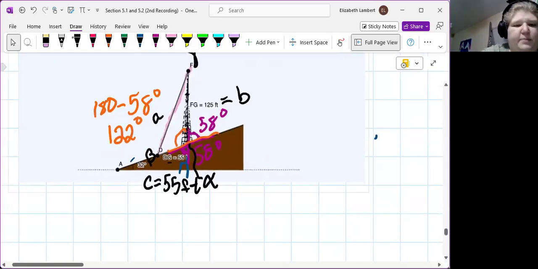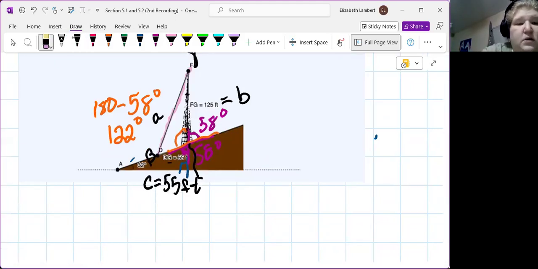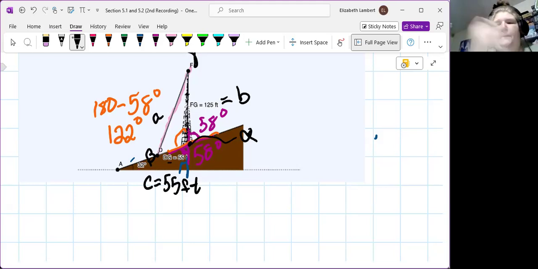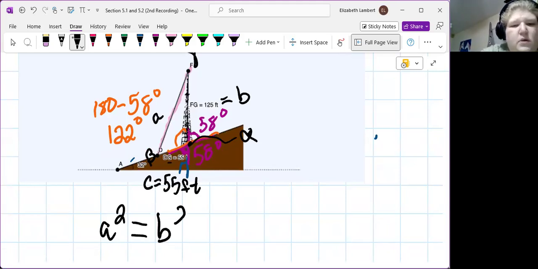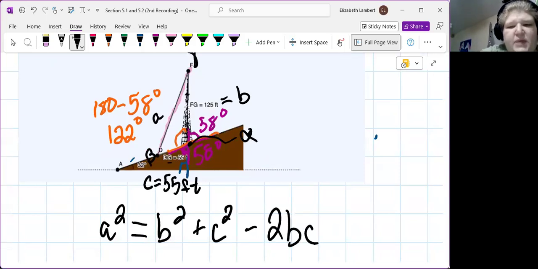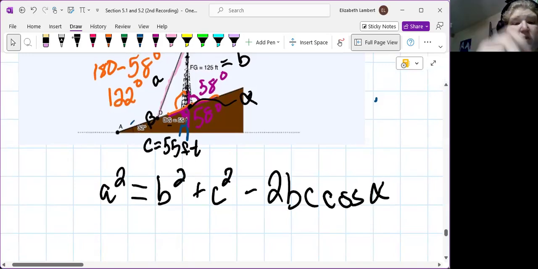All right, so we just got to set up our law of cosines. We have what we labeled as alpha. So I need the cosine of alpha, so I got to start with the a squared. A squared equals b squared plus c squared minus 2, same two guys, b and c, cosine of the angle opposite a, alpha. All right, now we just got to fill in the stuff we know.